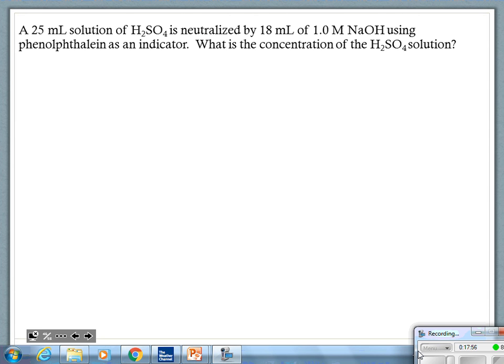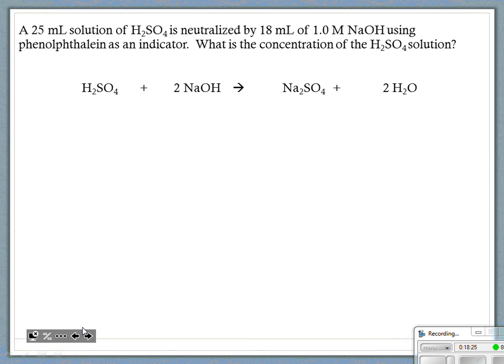Well, the very first thing we need is, I look up here and I say, okay, I'm dealing with molarity, so I need the balanced chemical equation for this reaction. Now, this happens to be one that we have been using, so I believe that when I click next, it's going to give me, there we go.